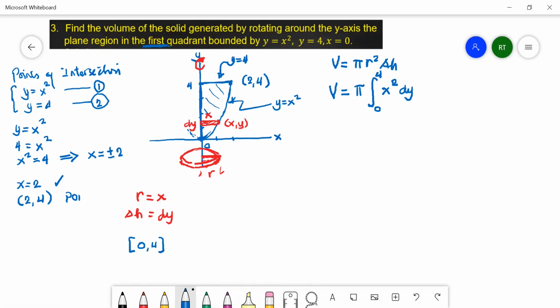Now, we have to express the integrand in terms of y. Since y is equal to x squared, we can replace x squared by y.